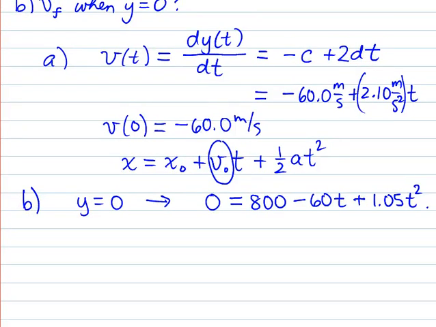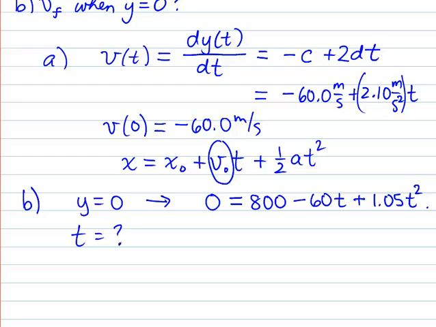So obviously what we have to do is solve this equation for our zeros. Okay, what is the time when the height is 0? Once we get that, we can plug that back into the velocity equation.